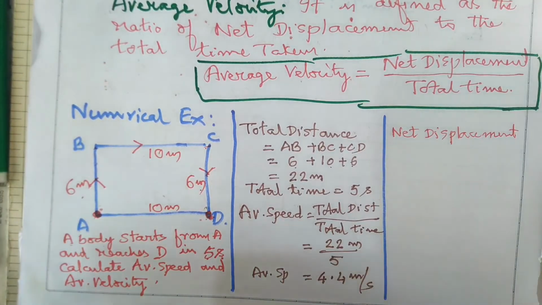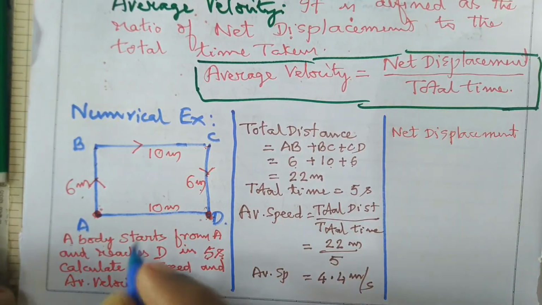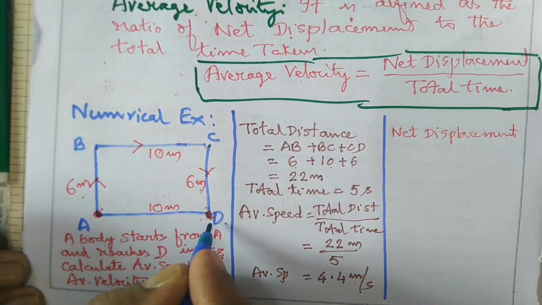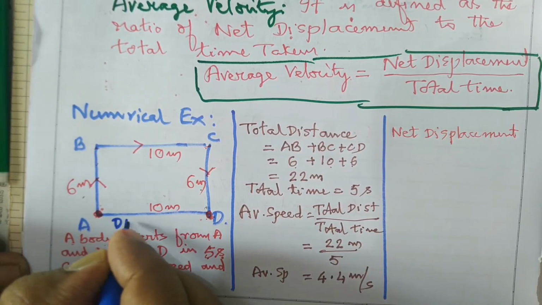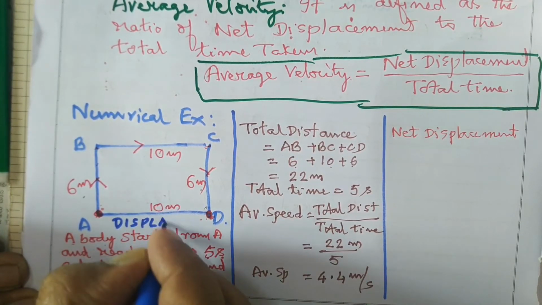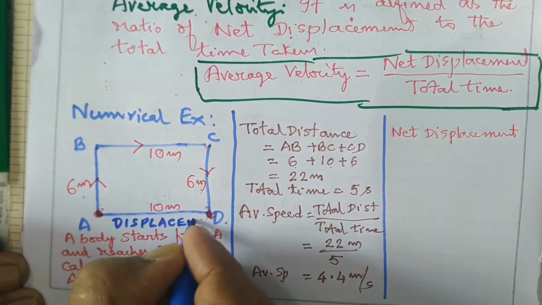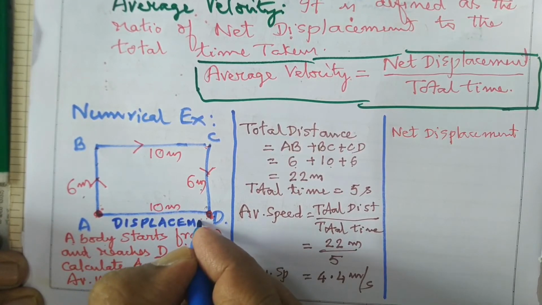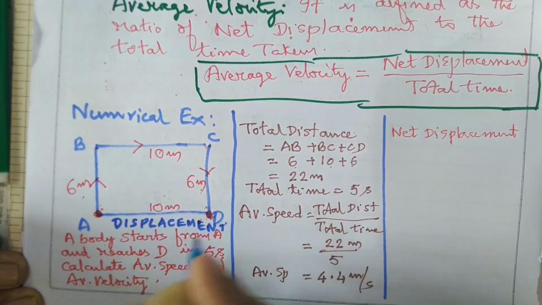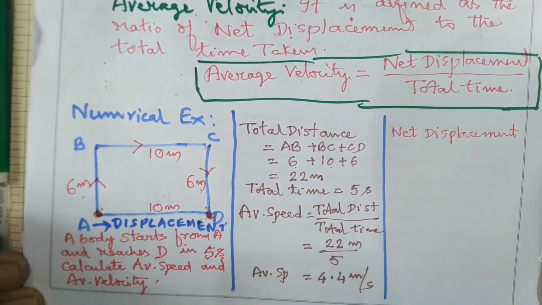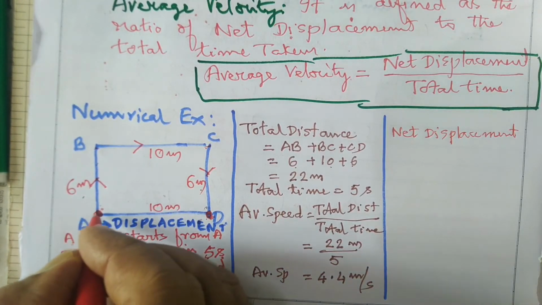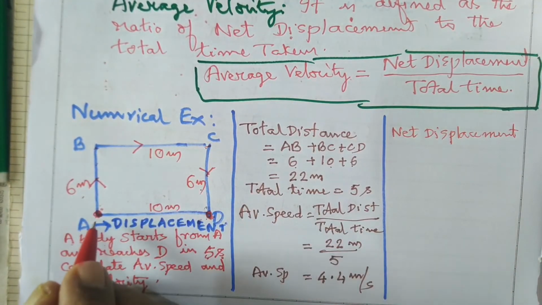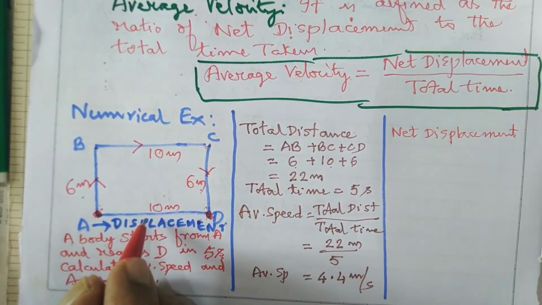The object has not traveled along AD, but displacement is in this direction, A to D. How much displacement is there? It is 10 meter. Even though it has moved round like that, the final change of position from A to D is 10 meter.